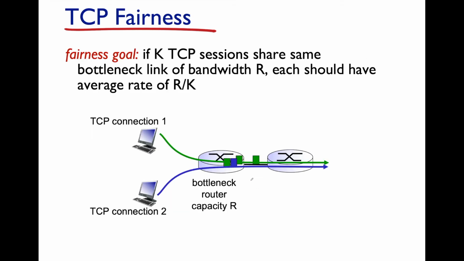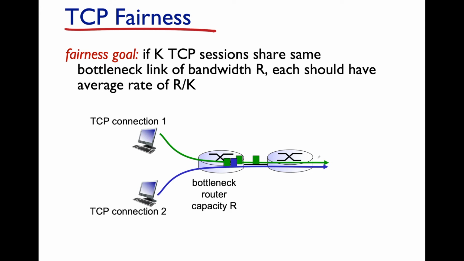All right, so the goal of TCP is statistical sharing, and it has a fairness goal in order to share equally in the bandwidth of a shared link. If you have two TCP connections and some bandwidth R, each should get a rate of R over 2.